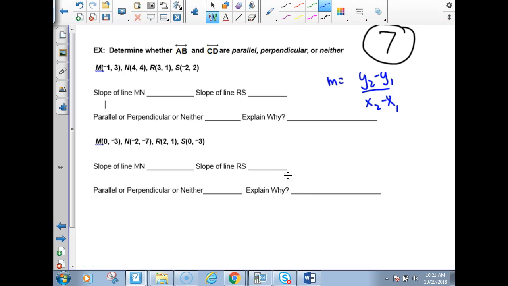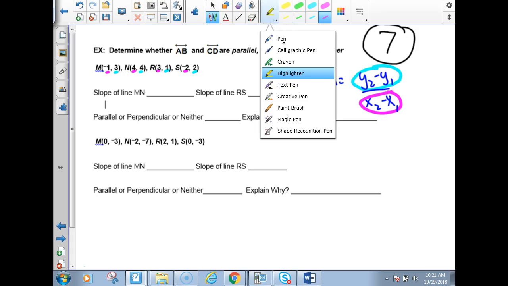That's the formula that we discussed yesterday. I did a lot of highlighting where I said the y's, of course, are the second numbers in the ordered pairs or points, and the x's are the first numbers. So you want to make sure you're subtracting the y's and then the x's.